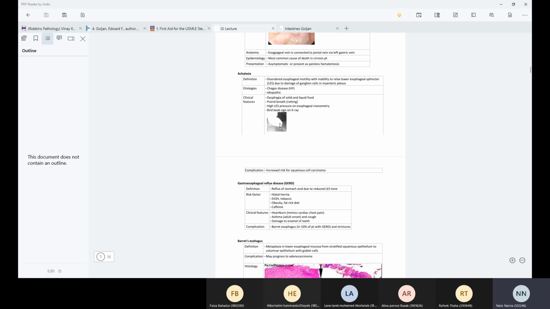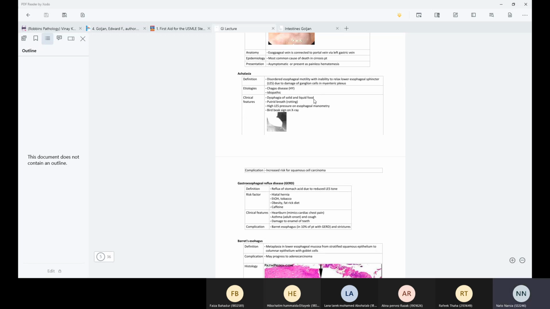What clinical manifestations, guys, are you expecting? Halitosis will be there, terrible smell, you can't imagine. Dysphagia of solid and liquid food, both. I wanted you to pay attention to this sentence, okay? Dysphagia to solid and liquid food you can find in esophageal cancer as well.